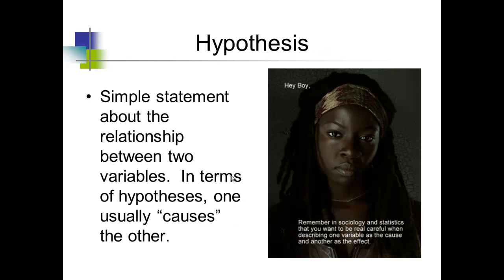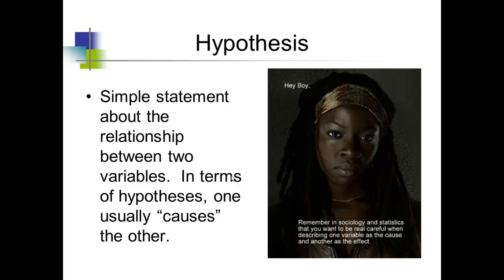All right, so a hypothesis in social science is basically a simple statement about the relationship between two variables. In very broad, high-level terms, we want to think about this in terms of one causing the other. But keeping in mind, and Michonne is here to remind you of this, that in sociology and statistics, we don't really talk about something causing something else. Because we don't do hard sciences, we don't do lab science, we can't run 100 experiments on these cells reacting to this chemical.